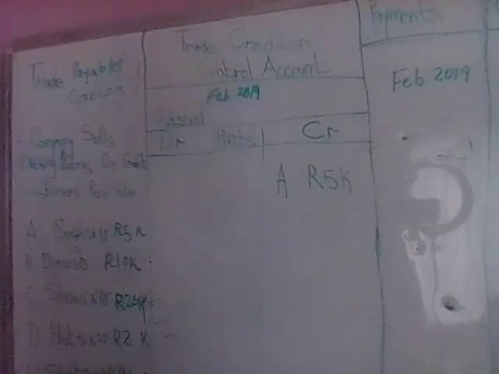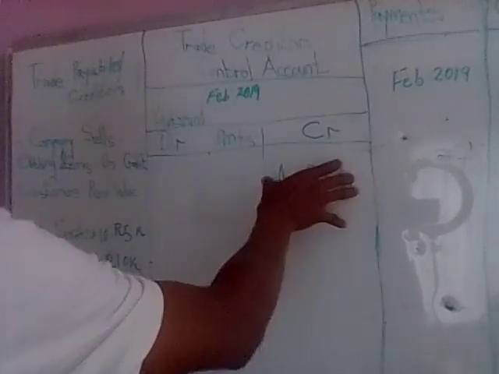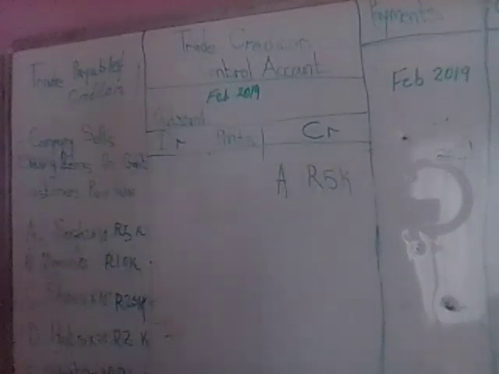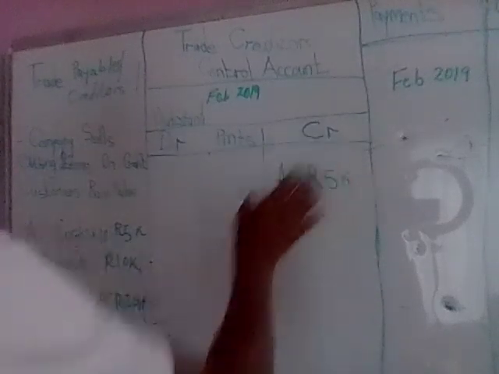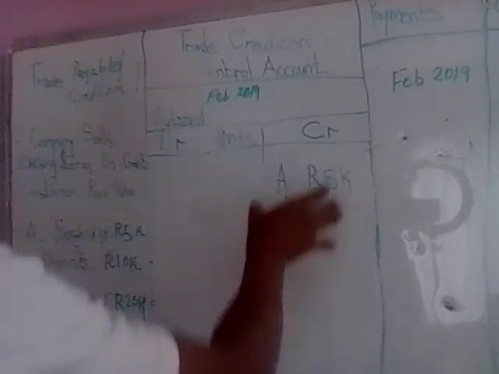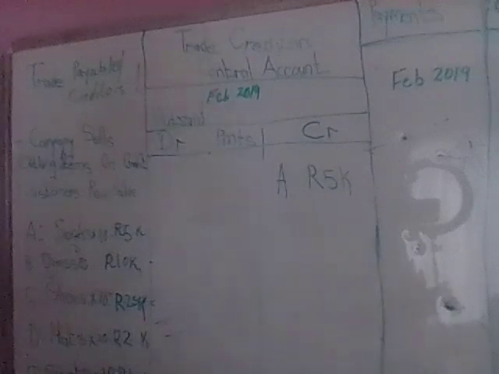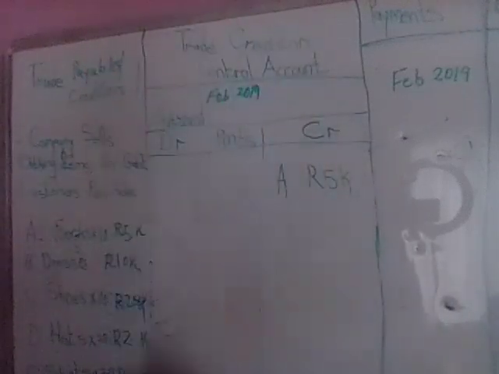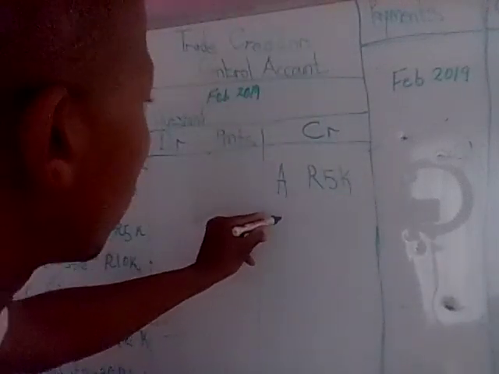And of course, when we recognize this transaction initially, we would have debited inventory, and we would have credited payables, or trade payables or trade creditors. I hope you get that.